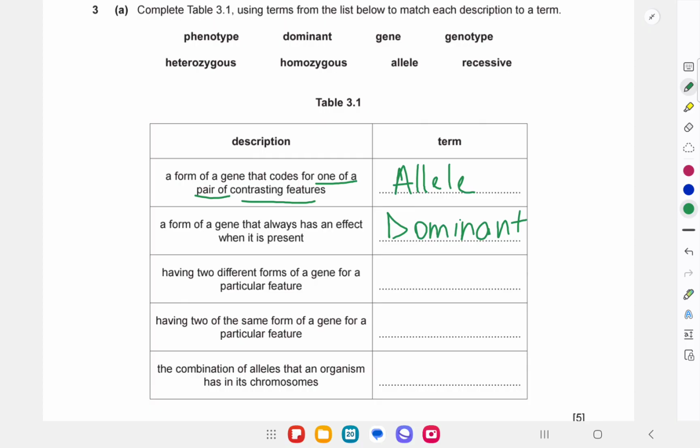Having two different forms of a gene for a particular feature, this case is called heterozygous. And having two of the same form of a gene for a particular feature, this is called homozygous.